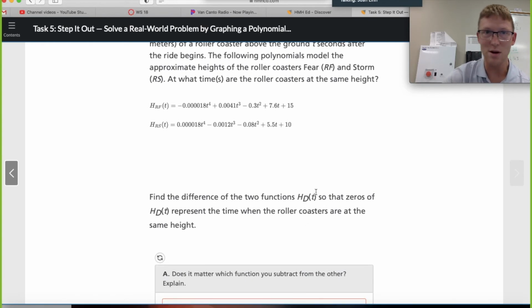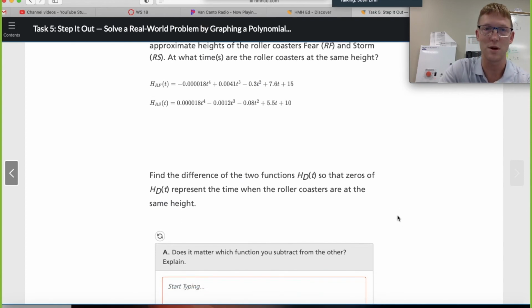So we've got to find the difference of the 2 functions. Another way to think about it is if you imagine 2 roller coasters or 2 dots, and the difference between them, you would find that by subtracting. So when this difference gets infinitely small and it equals 0, they're going to be at the same height. So 2 different ways to think about it. It's the same thing.